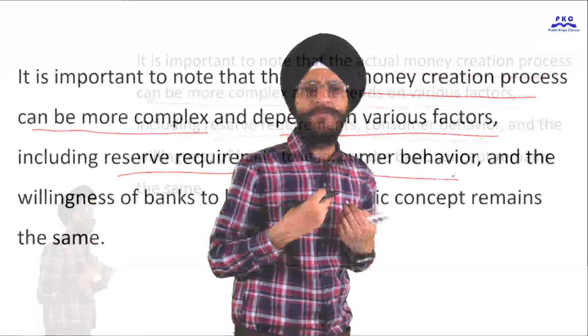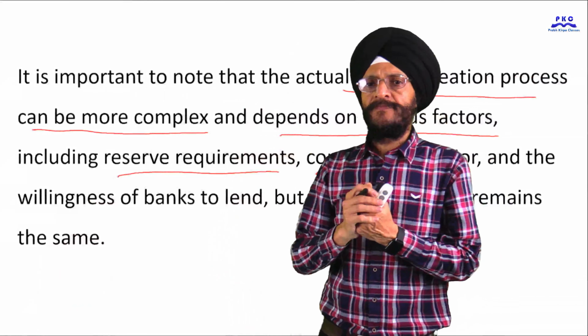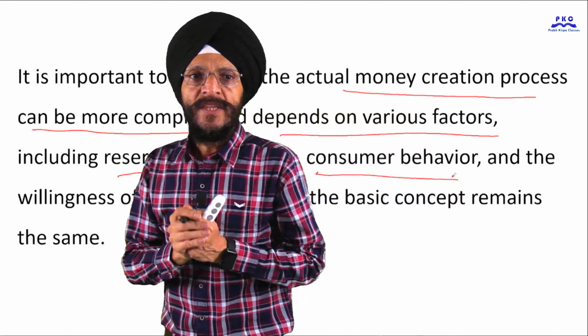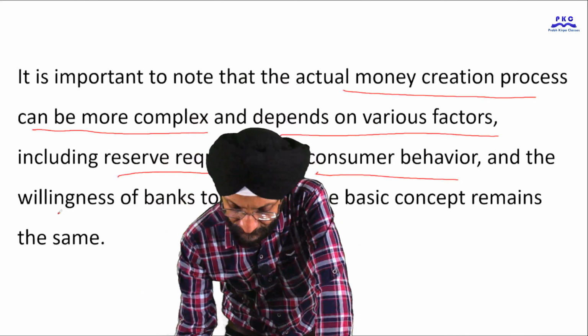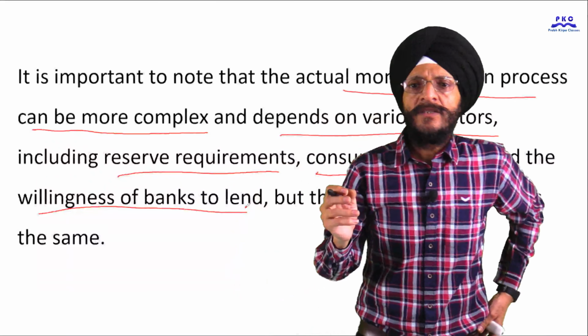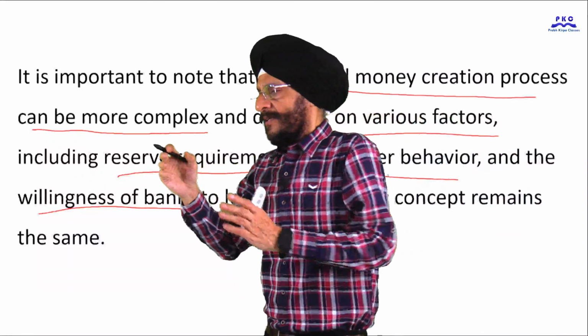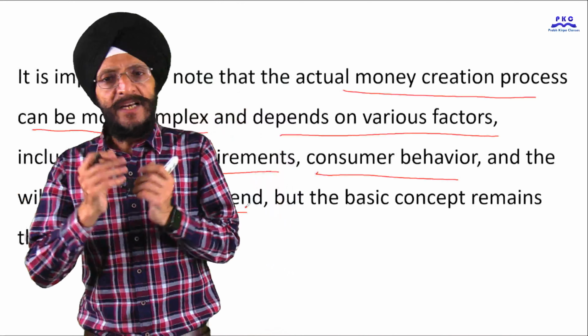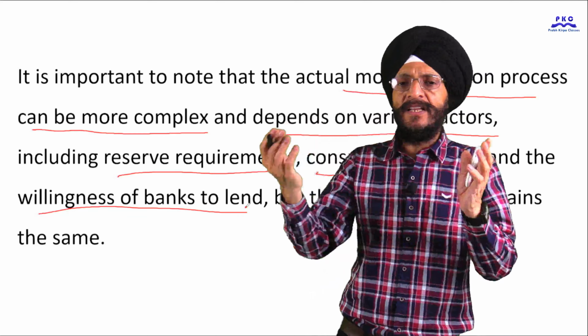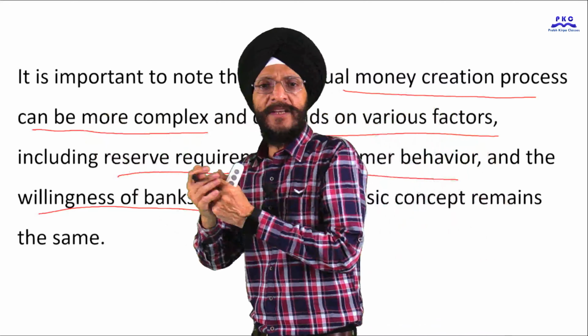If the customers do not want to borrow, then to whom will the bank give loans? And the willingness of the banks to lend matters. If the banks think that the customers may not return the money, or the market situation is not proper, they may not get the money back.